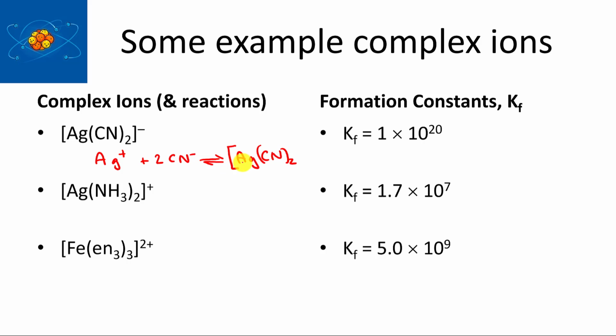And then these brackets don't mean molarity now. These are the brackets for the formula for the complex ion. That's how we designate it. So if you really wanted to do a molarity, you would put brackets around the brackets, and that would be the molarity. So Kf then is, again, products over reactants.